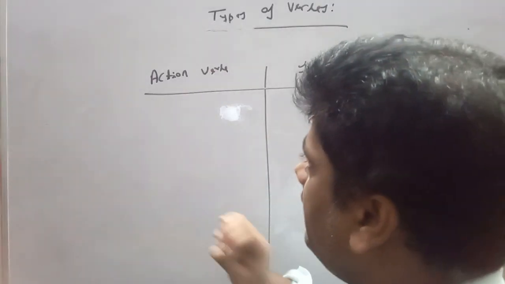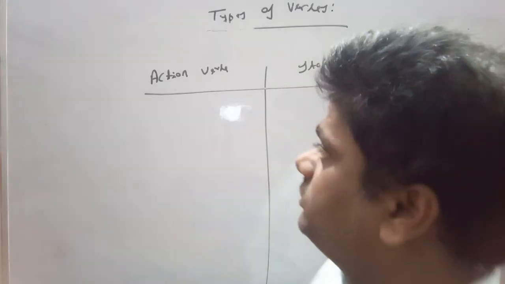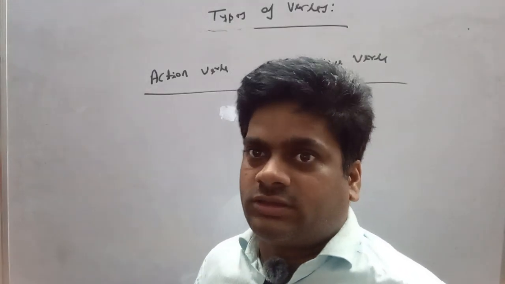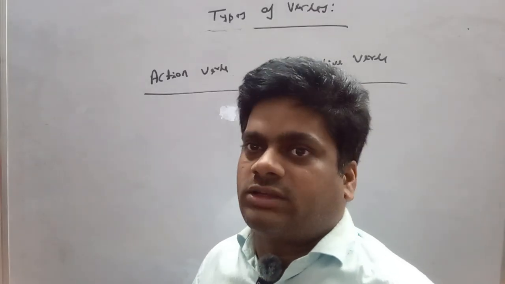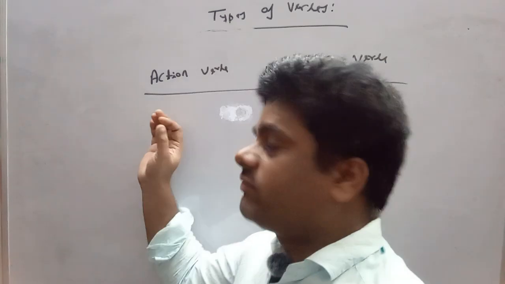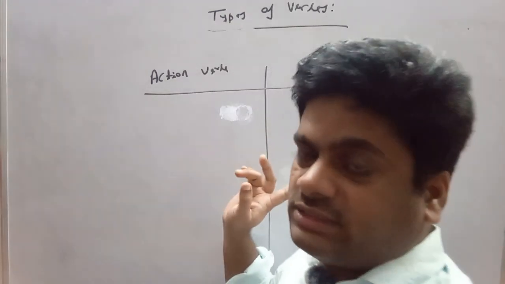If we talk about only action verbs, either it is the physical action or mental action. Both types of actions are supposed to occur in case of action verb, but there is no such condition in case of stative verb.